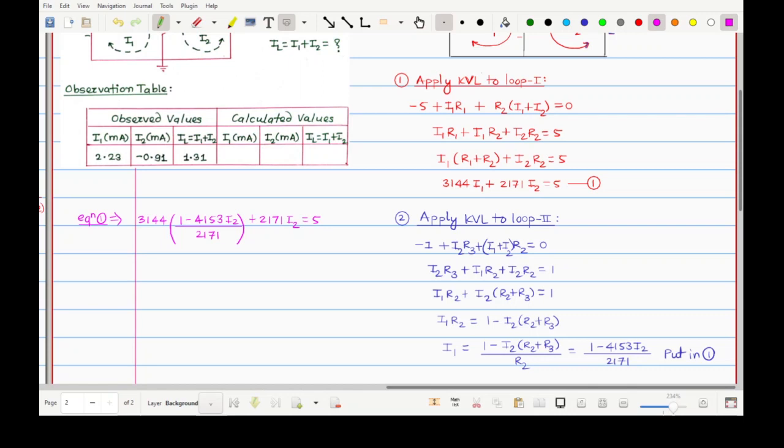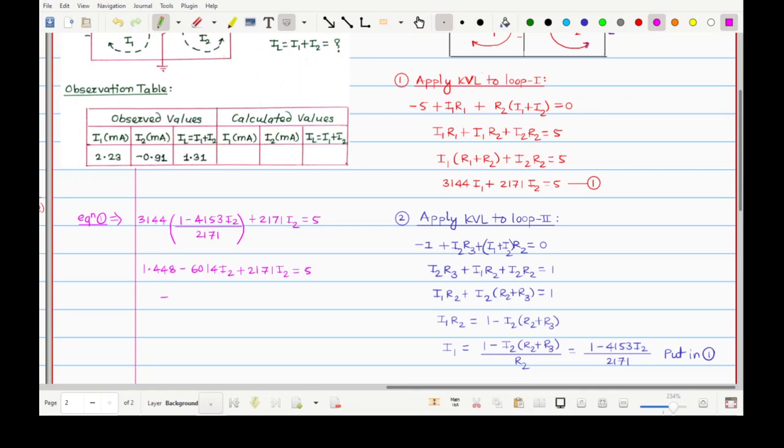If you calculate this, what you will get, 1.448 minus 6014 I2 plus 2171 I2 is equal to 5. So we have solved this bracket. Now add these two terms.